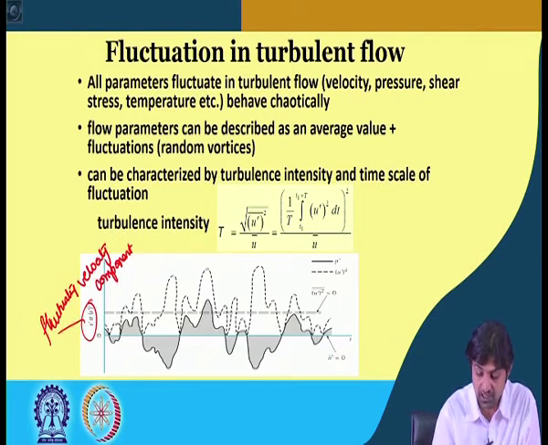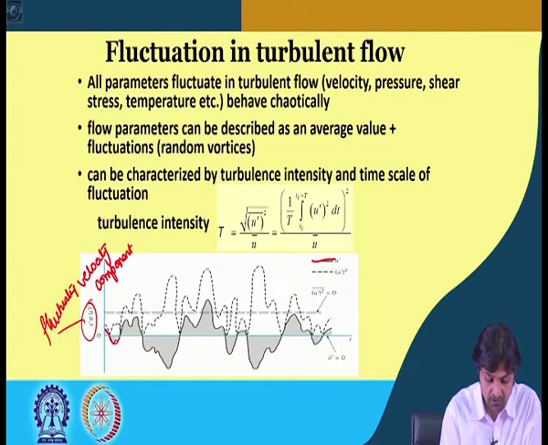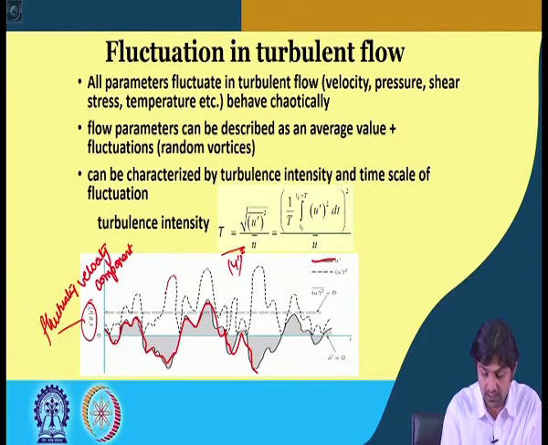This solid thick line represents the fluctuation, whereas the dashed line represents u dash whole square, and the average of this quantity is represented by the thin line, like this one, this one, this one.